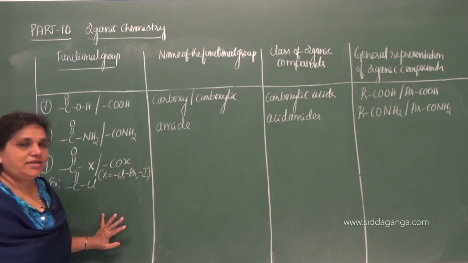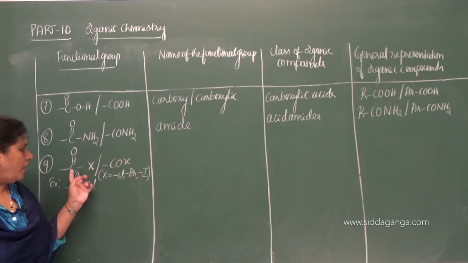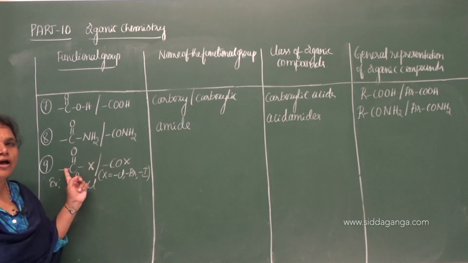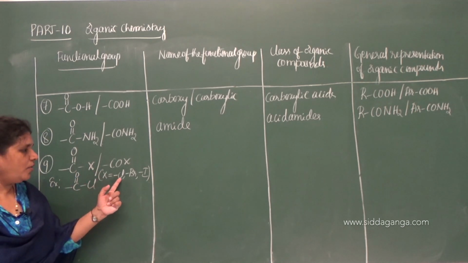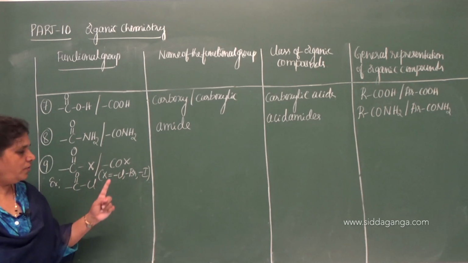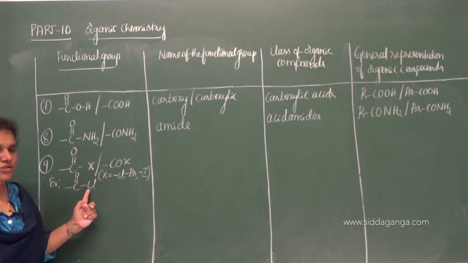What is the name of this functional group? Halocarbonyl. Here we have to use halo, which stands for chloro, bromo, or iodo depending on the nature of the halogen.